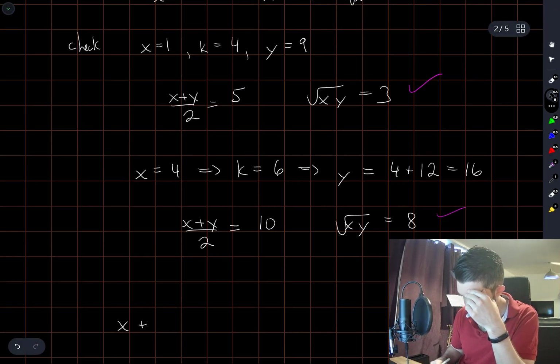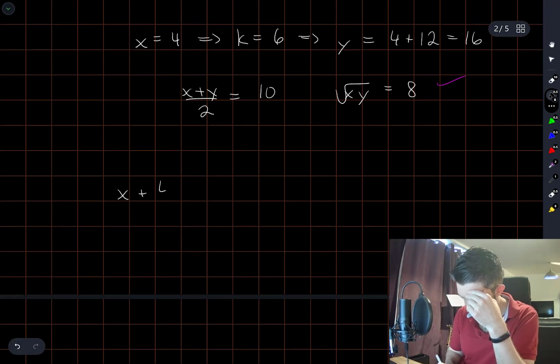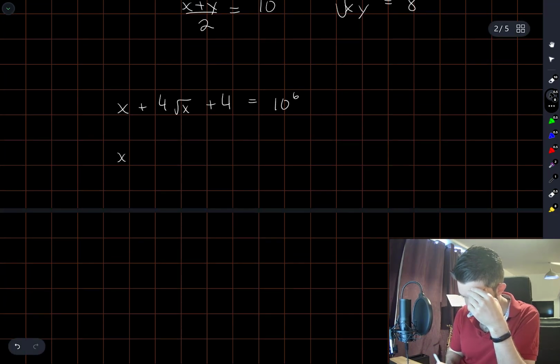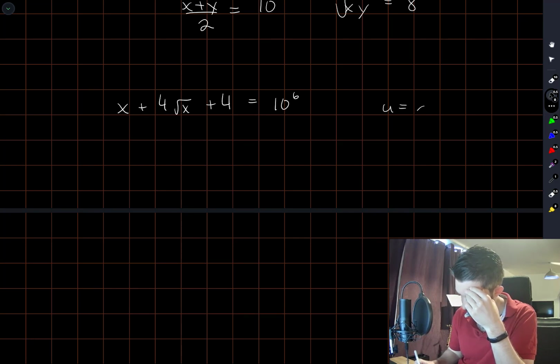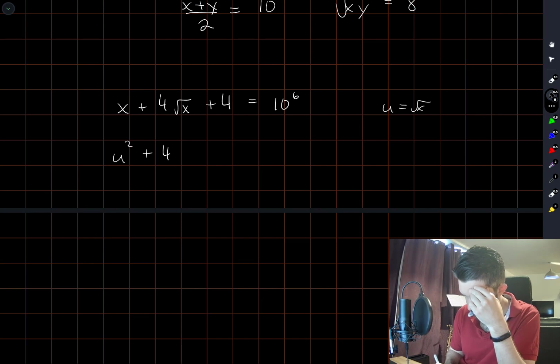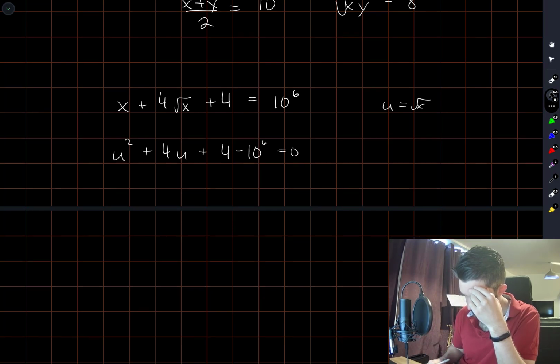So what do we have here? x plus 4 root x plus 4, let's say it's equal to 10 to the 6. So let u equal root x. So we have u squared plus 4u plus 4 minus 10 to the 6 is equal to 0.